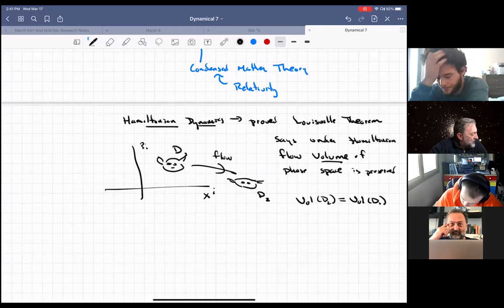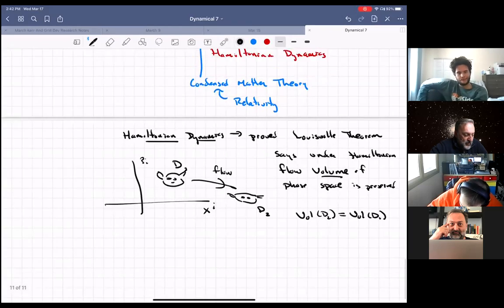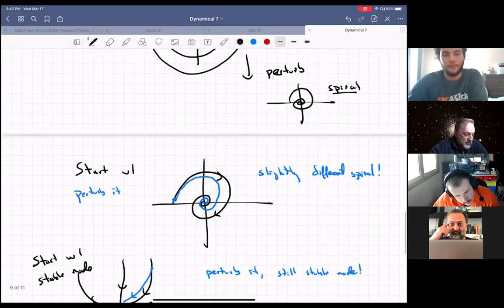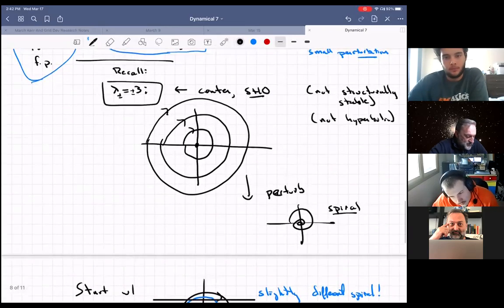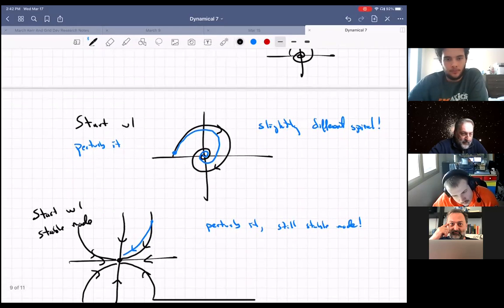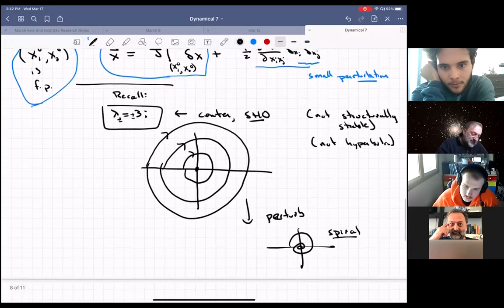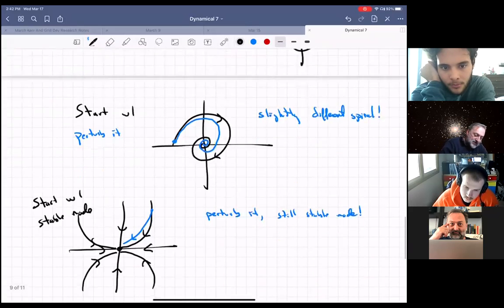Now, if you look at it from this larger picture, even if it's nonlinear Hamiltonian dynamics, all of the dynamical systems which are structurally stable, that are hyperbolic, that have fixed points, are not volume preserving. So Hamiltonian dynamics tends to fit into the pictures of the centers.